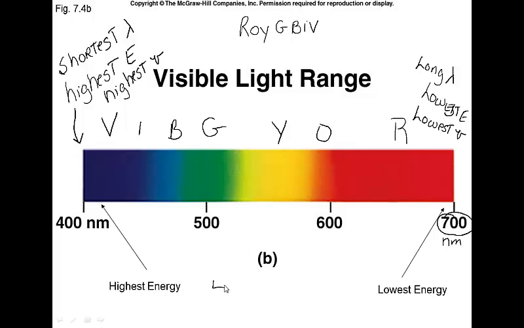It goes from 400 to 700 nanometers. Put that into your brains also. 400 being the violet and 700 being the red. This is the only part I want you to know the actual wavelengths of. The rest you will be able to look up.